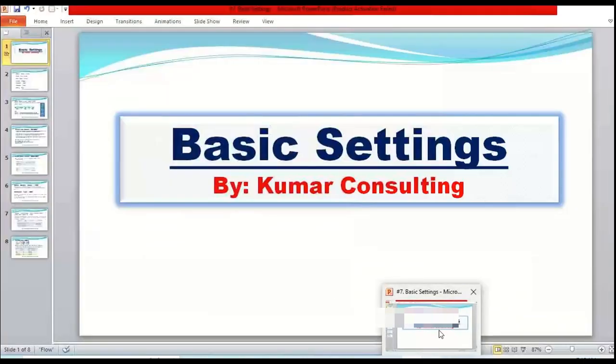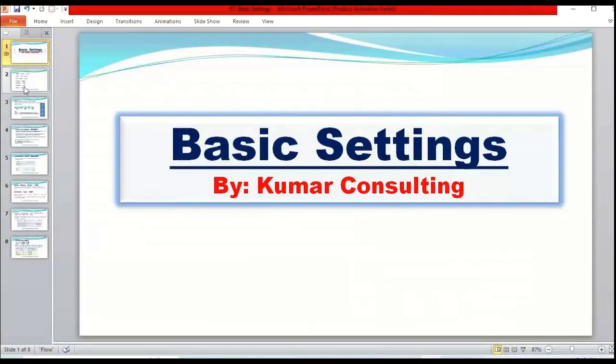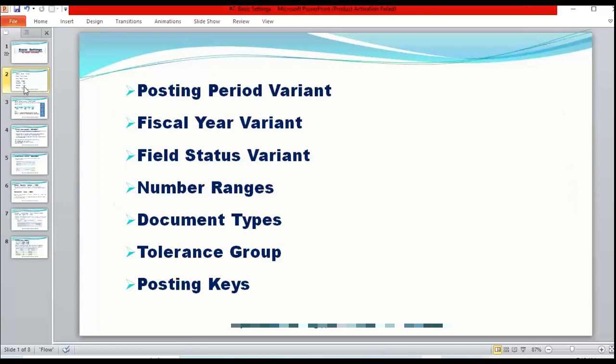In basic settings, multiple things are there that we are going to discuss one by one. Here we have posting period variant and fiscal year variant. One by one we'll discuss these. What is the use of these things, guys, and what is the control?